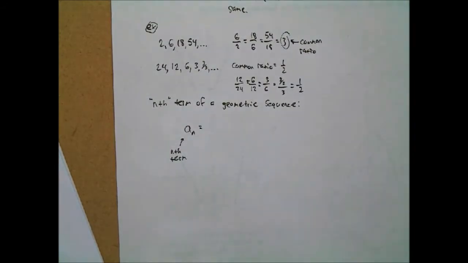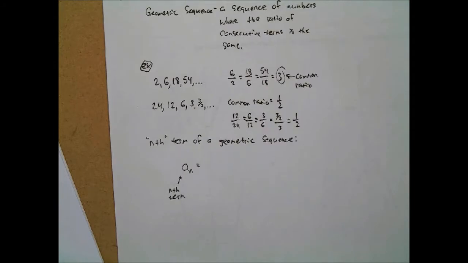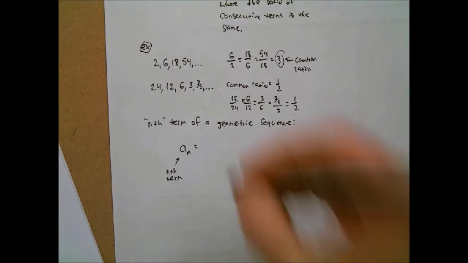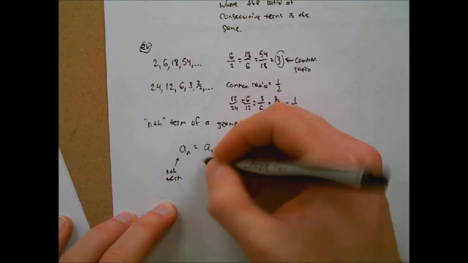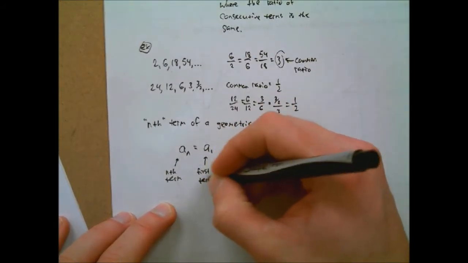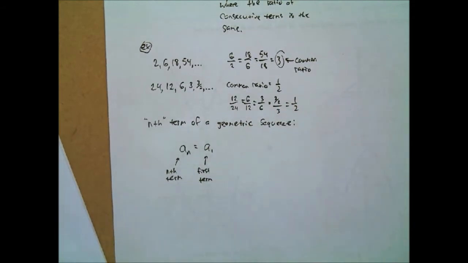Oh, go back up, sorry. Right there. Okay. It's going to be the a sub n, nth term. Of course, we need to start with our first term, right? Because that's kind of like what we do with our other problems there. Right? We want to know where the first term is.